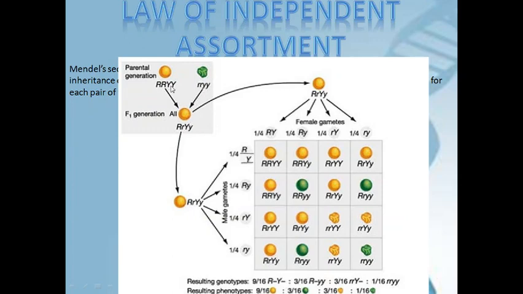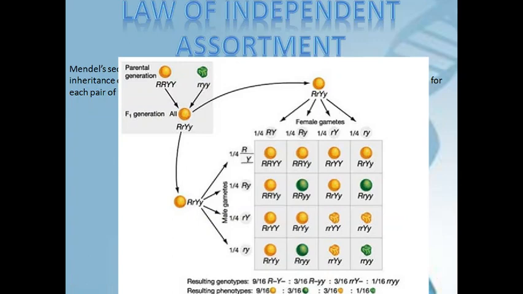So in the first generation, the gametes produced will be RY here, and here the gametes produced will be small r small y. The fusion of gametes resulted in all round and yellow plants.